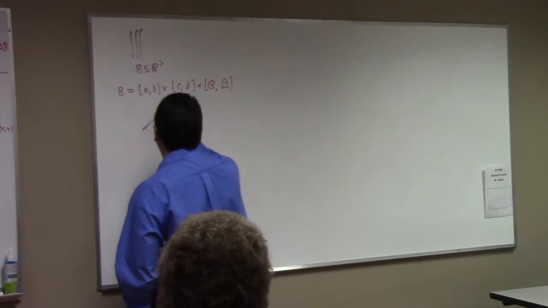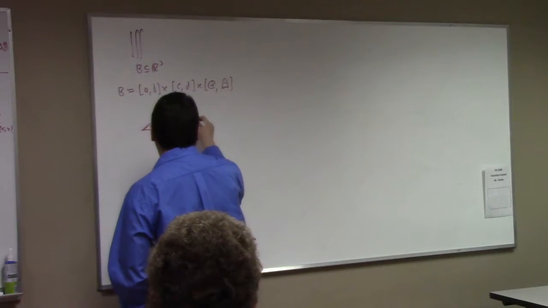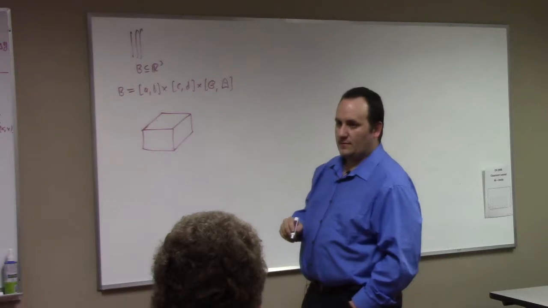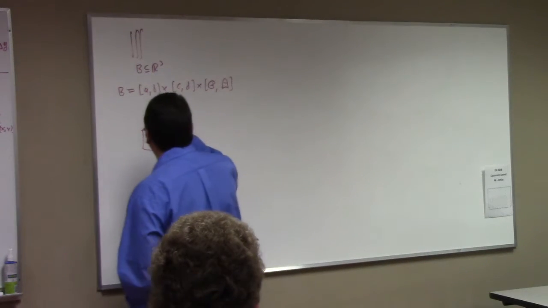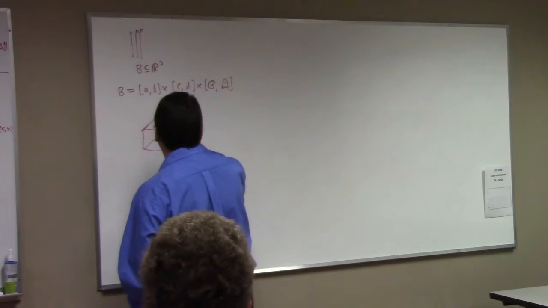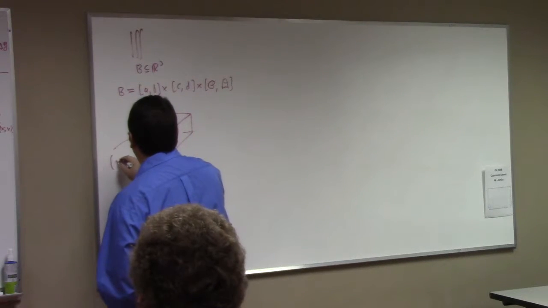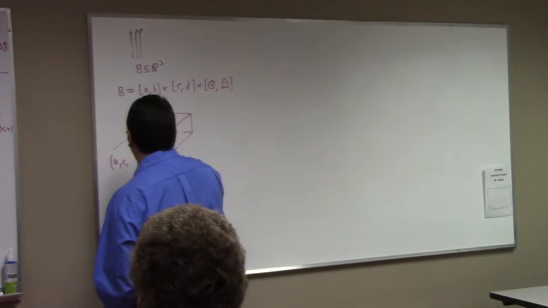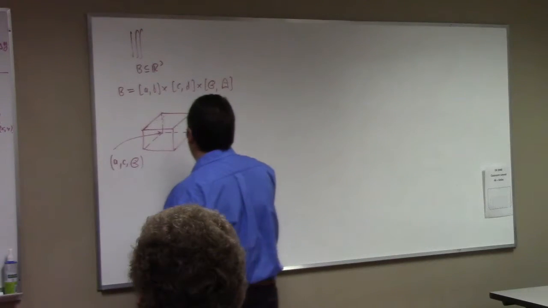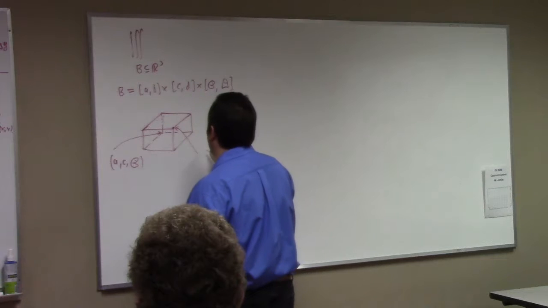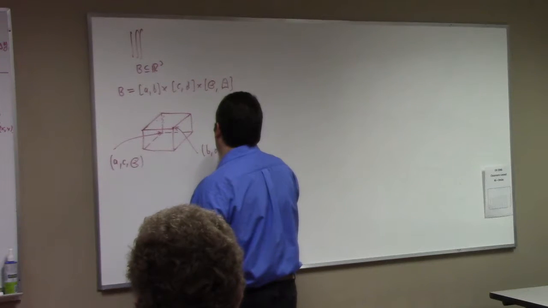So I'm talking about some kind of cube. What's the back point there? A comma C comma Pac-Man. What's the point that's the most out there? That would be B comma D comma Ghost.